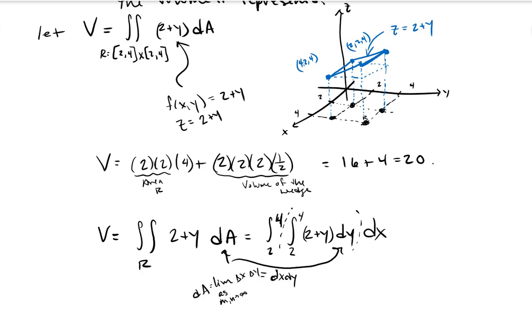All I'm going to do is compute this inner integral, the integral from 2 to 4 of 2 plus y dy. We know how to do that. That's a Calc 1 problem. It's 2y plus 1/2 y squared evaluated from 2 to 4.